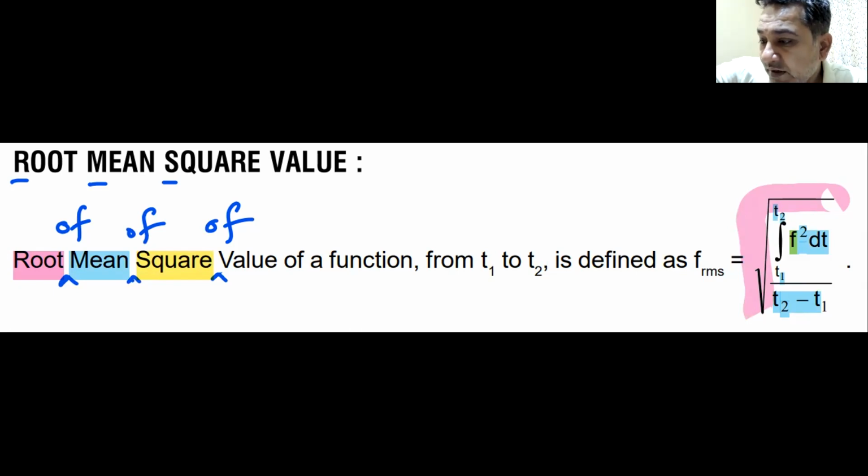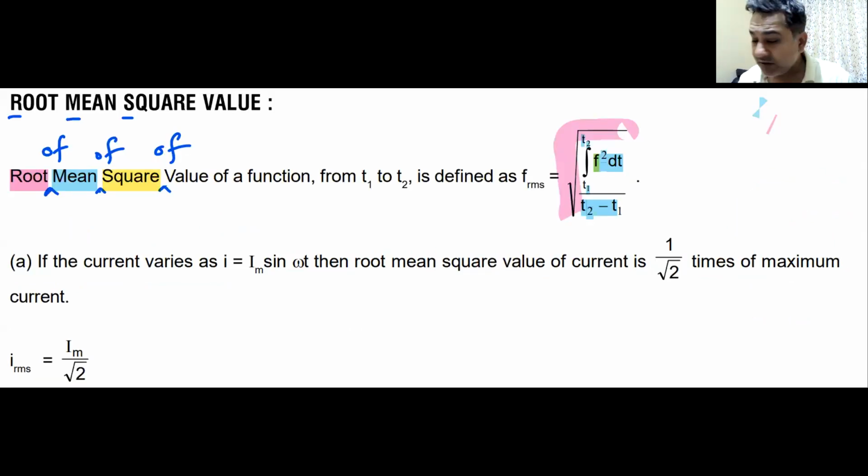Completed, sir. Well done. If you have completed the diagram, then you must also write these values for sine. What is the RMS value? Remember, RMS value is always taken in one time period or one cycle. We have written the average value of the sine function. If I find the average value of sine omega t over one cycle, it will be 0.